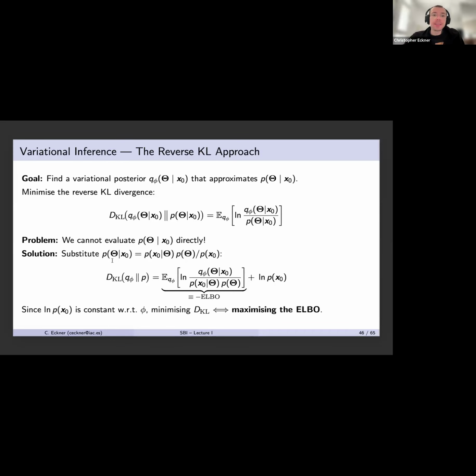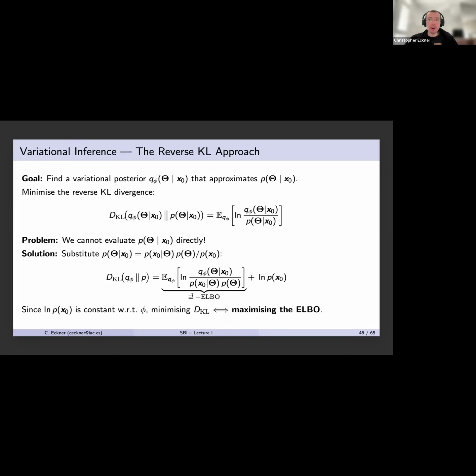So the solution in this variational approach is to substitute it via Bayes' theorem with the product of likelihood times prior divided by evidence, which in the same Kullback-Leibler divergence gives you this expression here, the so-called ELBO.